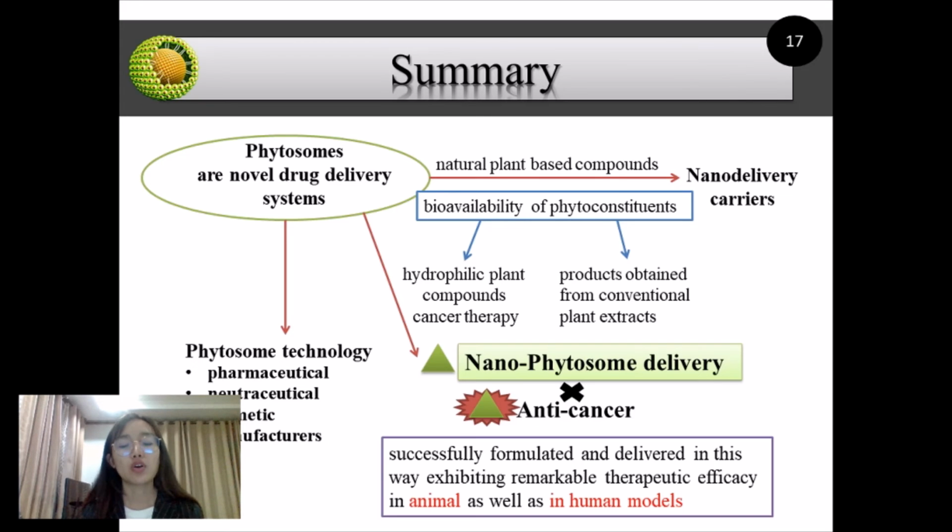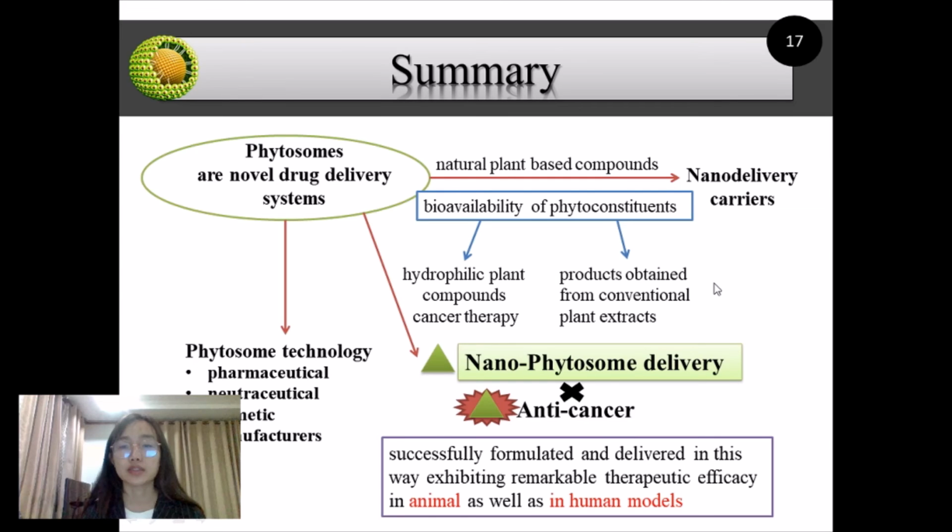So, from all the studies mentioned, the development of herbal nanophytosome for the treatment of cancers can be easily summarized: phytosome is a novel delivery system for natural plant-based compounds in cancer therapy, compared with products obtained from conventional plant extract, which are hydrophilic plant compounds.